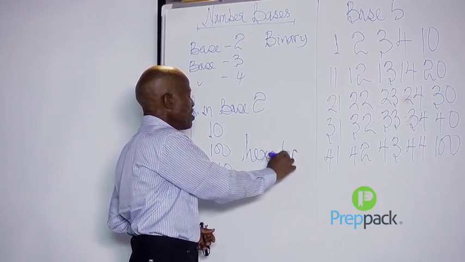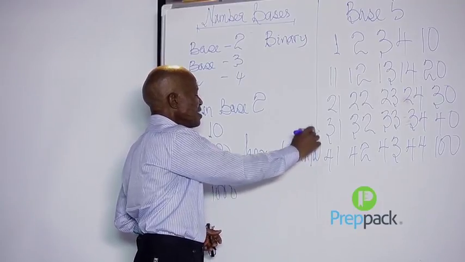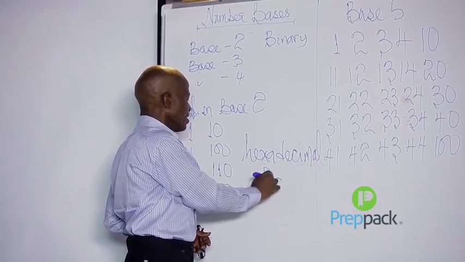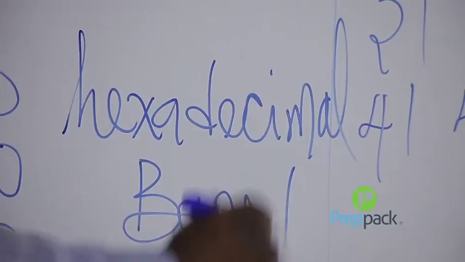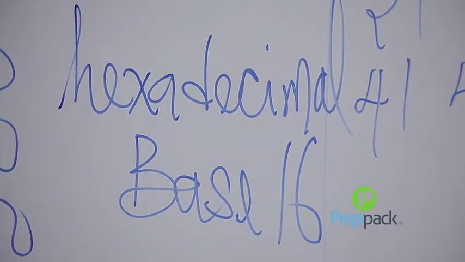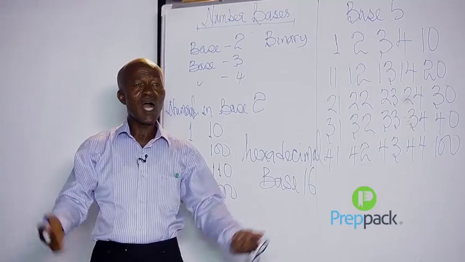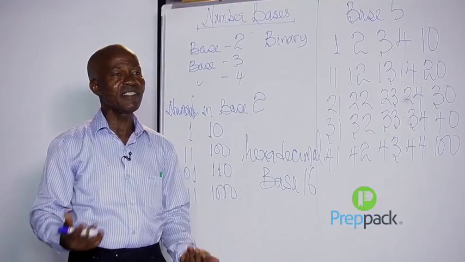We can generate these going into what we call hexadecimal base. Hexadecimal base is base 16. You'll be wondering, how are we going to represent this?